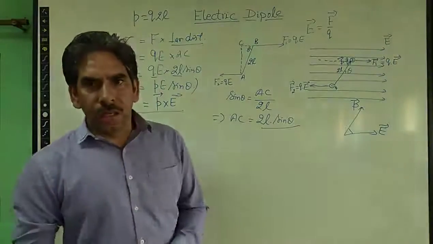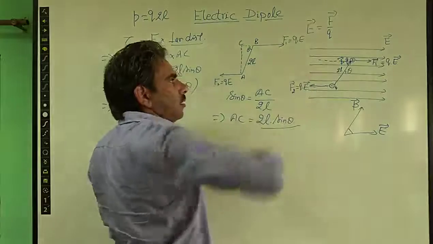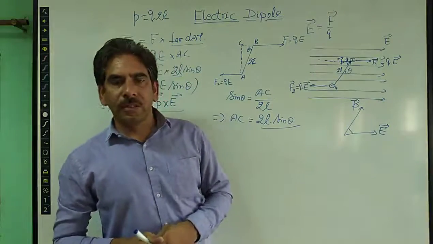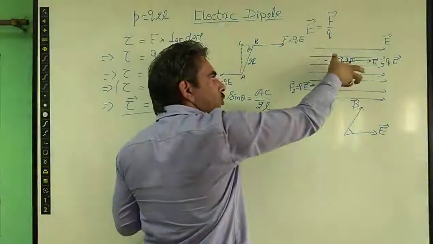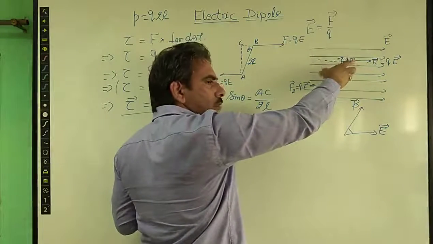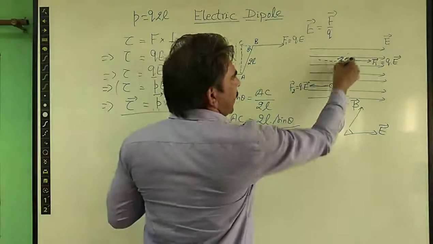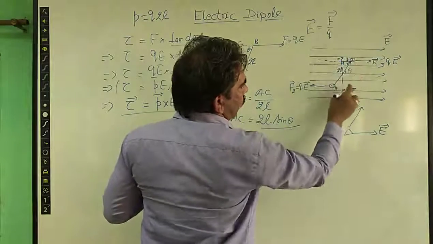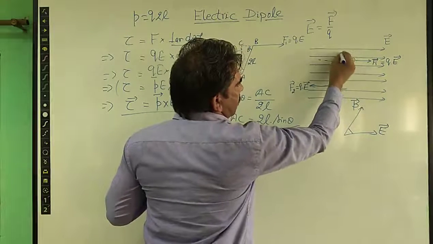And one last thing: what happens to the dipole whenever it is rotated against the electrostatic force applied by the electric field? If we try to rotate it by applying some force by an external agency, it will rotate in this direction and take some new position. Now it is under some stress.